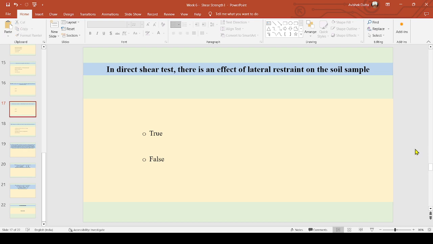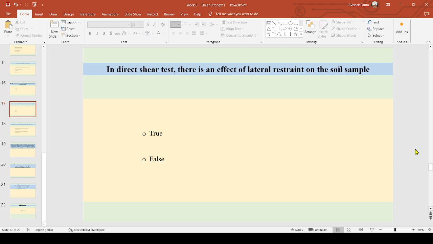I repeat the question. In direct shear test, there is an effect of lateral restraint on the soil sample. Is this statement true or false? And if it is true, then how is the lateral restraint acting on the soil sample?